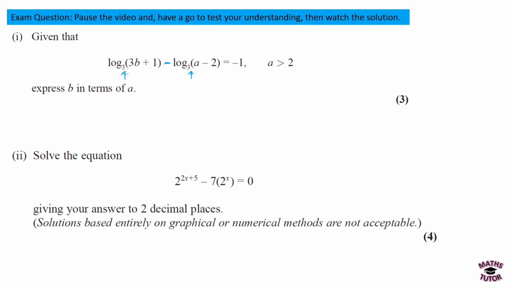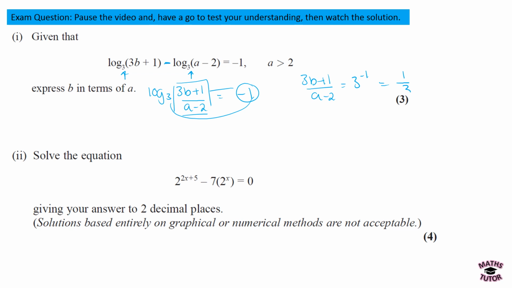So writing that as a single log, you can have log to base 3 of 3b plus 1 all over a minus 2 is equal to minus 1, and then using that pattern, 3 to the minus 1 is equal to all that algebra, so we can write 3b plus 1 over a minus 2 is equal to 3 to the minus 1, which is equal to 1/3.